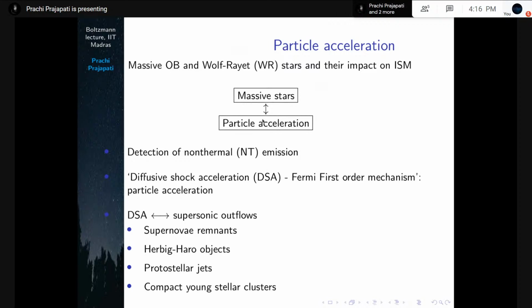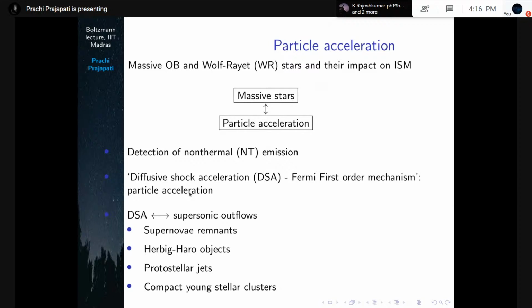This is done through the detection of non-thermal emission, which I'll talk about in the next slide, which tells us there is a presence of accelerated particles with relativistic speeds.